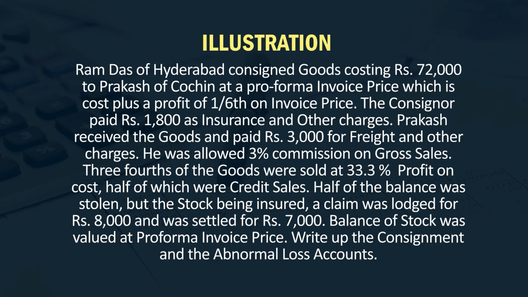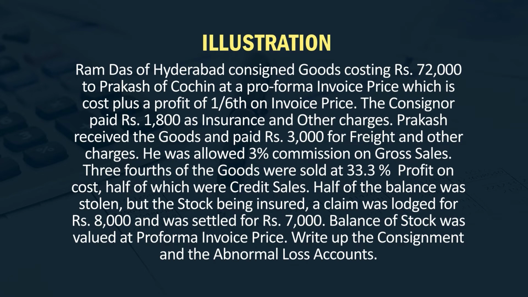Prakash received the goods and paid rupees 3,000 for freight and other charges. He was allowed 3% commission on gross sales. 3/4 of the goods were sold at 33.33% profit on cost, half of which were credit sales. Half of the balance was stolen.